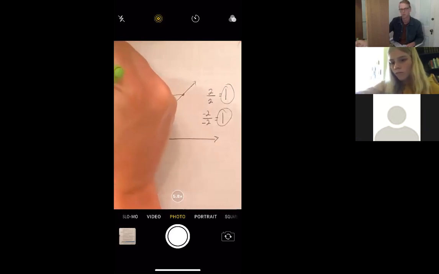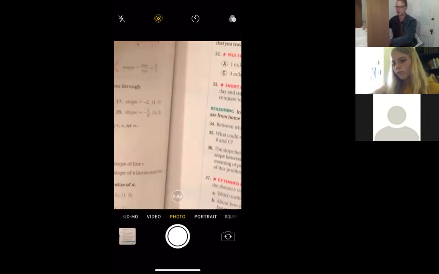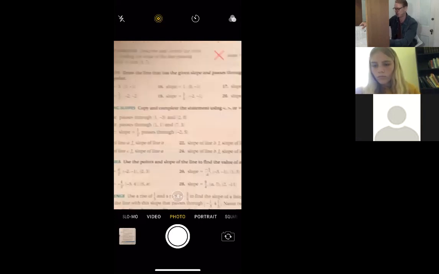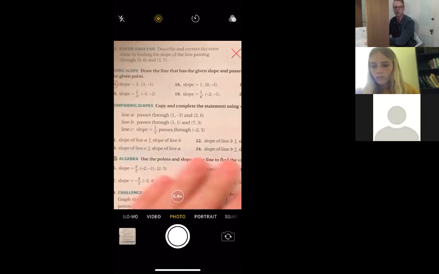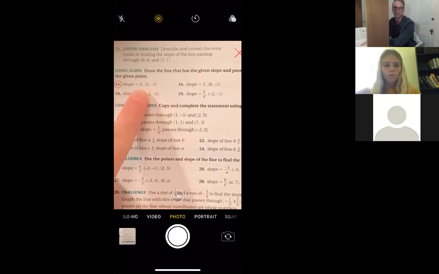So let's just take a look at 15 and 19 before I say goodbye. I want to make sure you guys are all ready to go. Number 15 and 19 are tricky, but you can do them. 15 is going to give you a point and then tell you the slope. You're going to draw a second point and then graph the line.